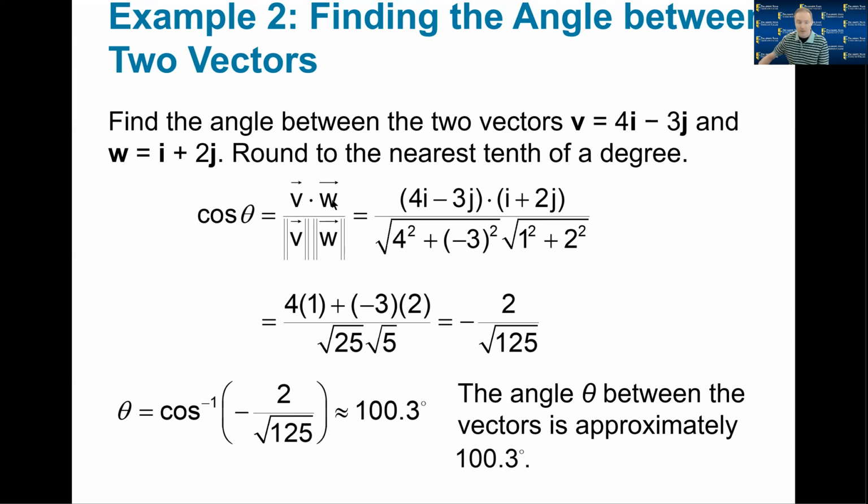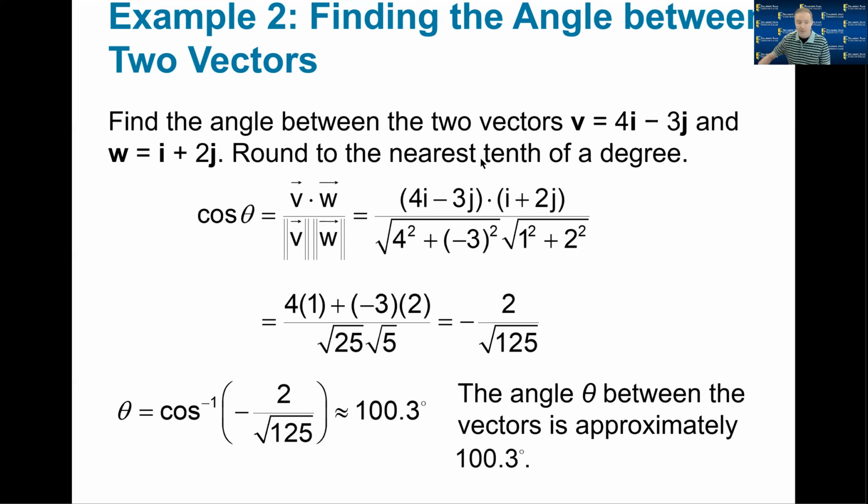The dot product of v times w, we take the dot product with vector w here, which is i plus 2j, and then divide that by the magnitudes. The magnitude of v is the square root of the horizontal component squared plus the vertical component squared, so the square root of 4 squared plus 3 squared. The magnitude of w is the square root of 1 squared plus 2 squared.